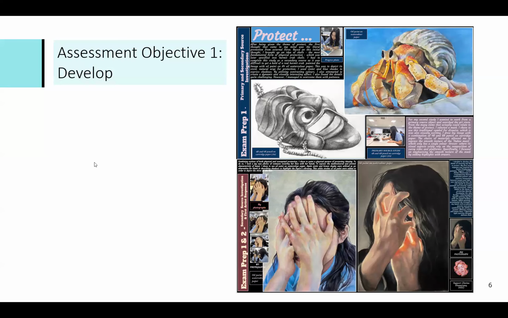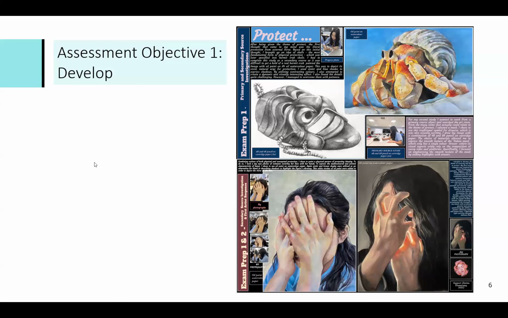In this Component 2 fine art submission, the development of ideas and the critical understanding of the sources which have informed them evidences fully exceptional ability in mark band 6, exceptional, with a mark of 18, which is the maximum mark available for each assessment objective.